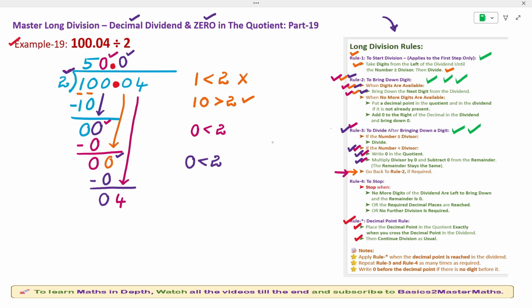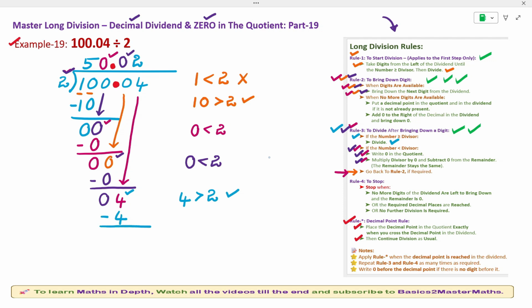Let us apply rule 3 again. Observe, now the number becomes 4, which is greater than the divisor 2. So, as per rule 3, if the number is greater than or equal to the divisor, then divide. 2 2s are 4.